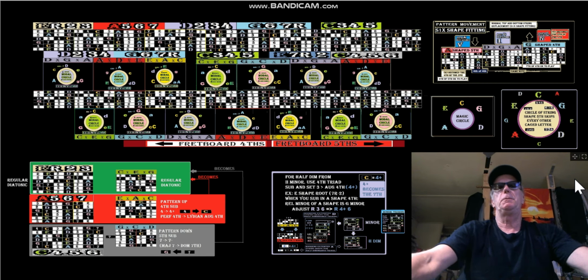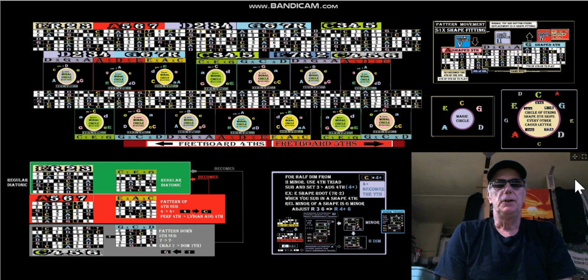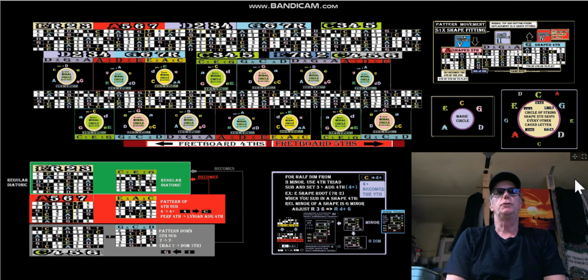The thing to remember about pattern adjustments is that when you fully adjust a pattern, you're bringing it back to the root diatonic scale.